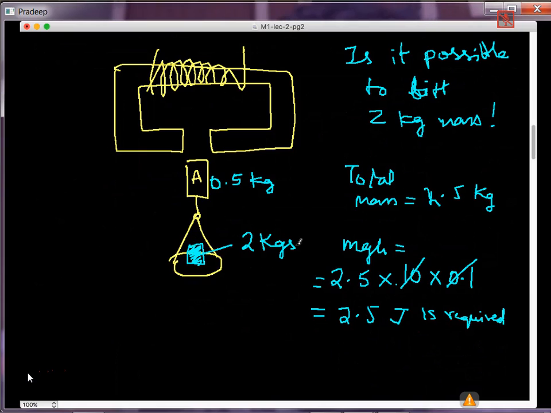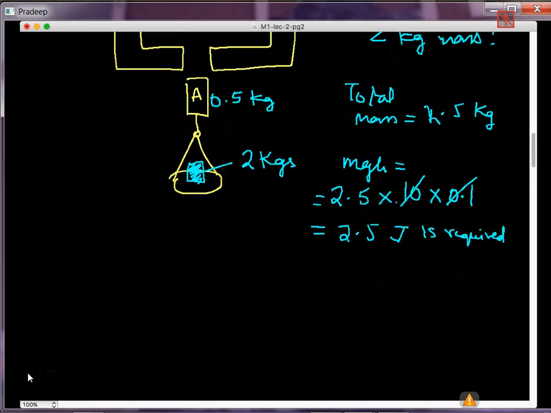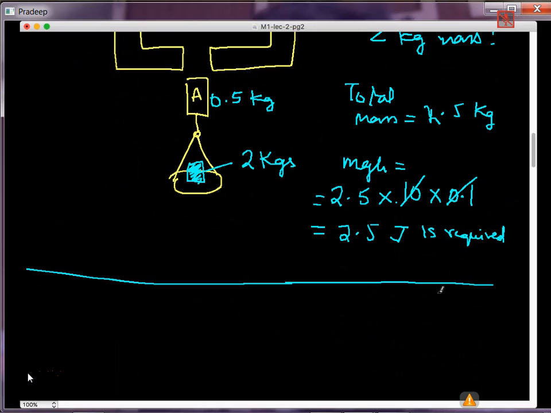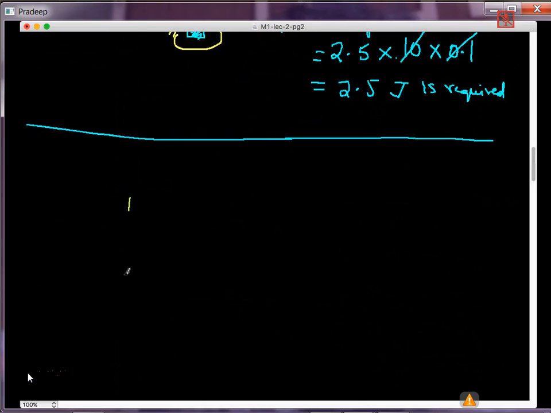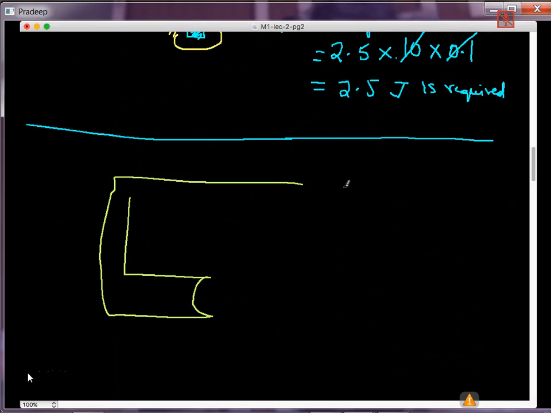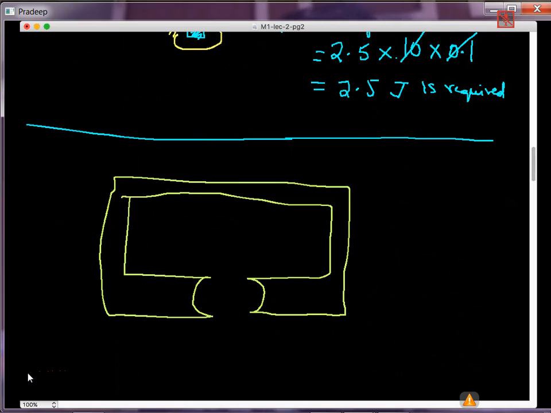So if I want to make it continuous, so here this is linear, only one direction. So if I want to make it continuous, what I can do is, I have the core like this. I'll fix a shaft, and around this I'll fix a magnet, something like this.